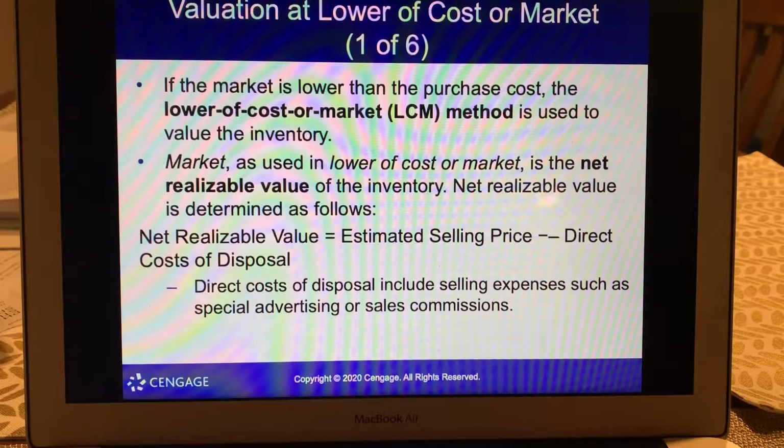Market in lower of cost or market is the net realizable value of the inventory. Net realizable value, NRV, is the estimated selling price minus direct cost of disposal. Direct cost of disposal includes selling expenses such as special advertising or sales commissions.